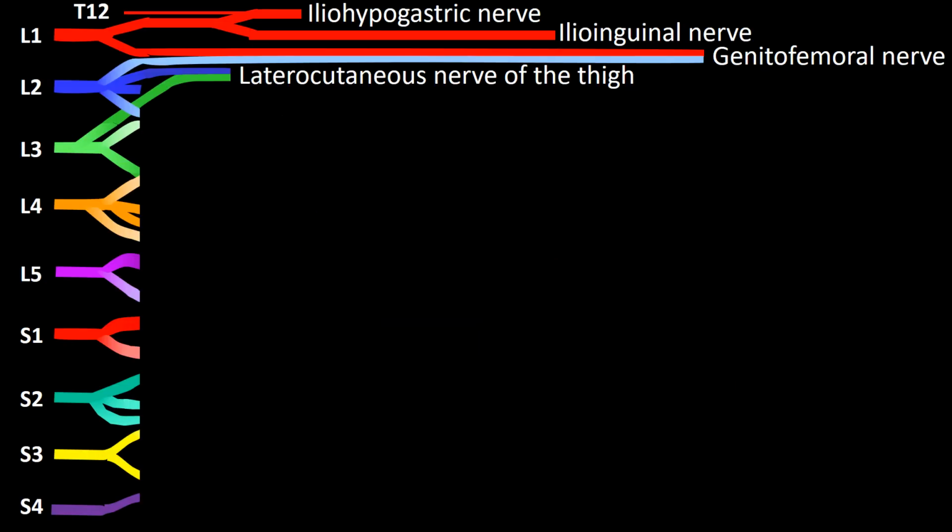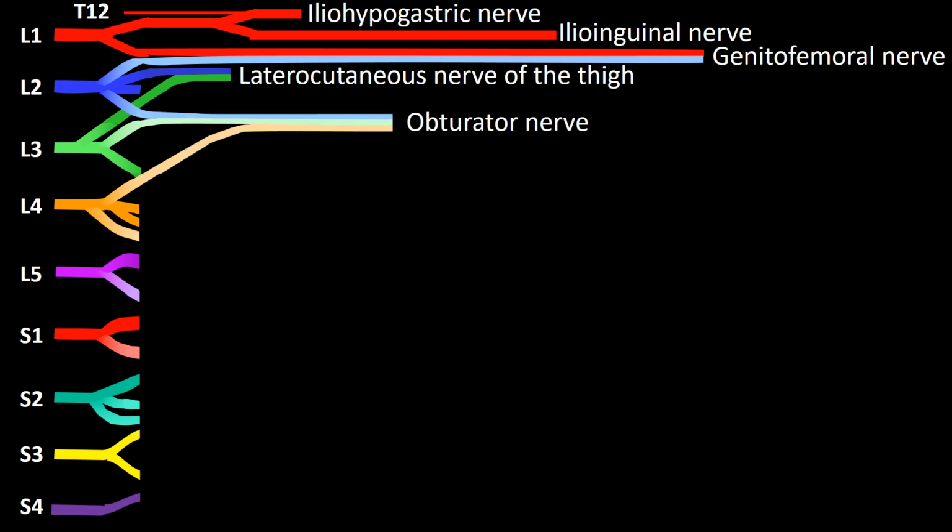Now let's go back to the diagram and look at the second anterior division of L2, here indicated. Let's also look at the anterior division of L3 and the anterior division of L4. These divisions join together to form the obturator nerve.